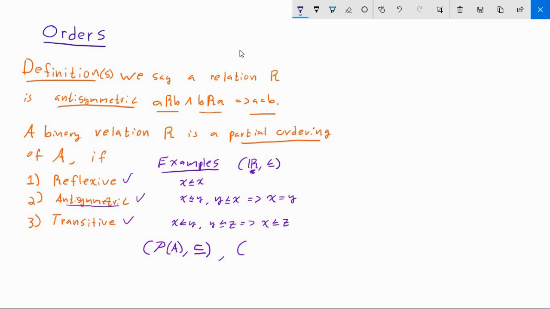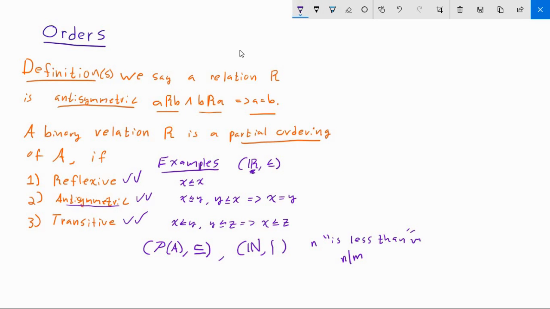And as one final but important example, consider the natural numbers, and we have the division relation. So in this case, we would say that n is less than m if n were to divide m. And we find that this also obeys reflexivity, anti-symmetry, and transitivity.